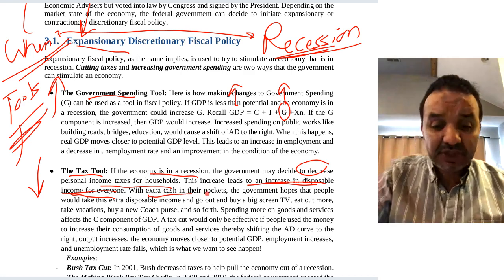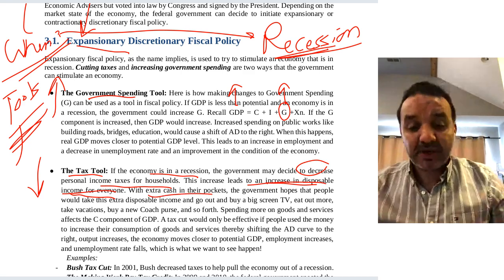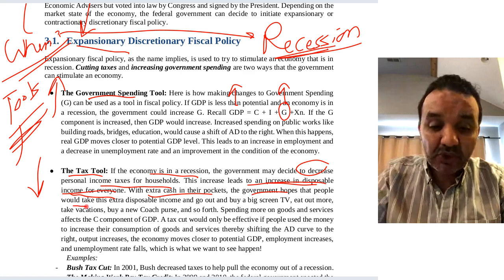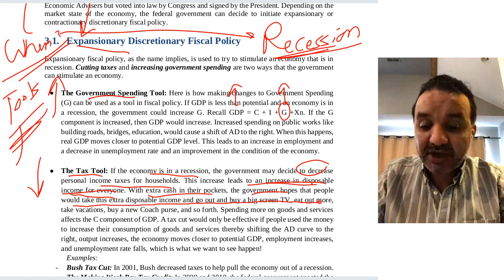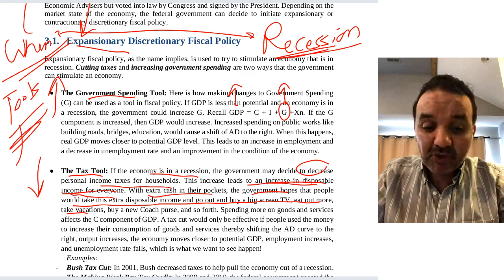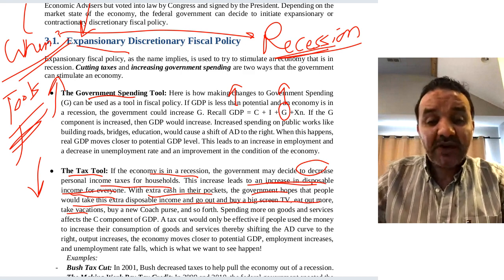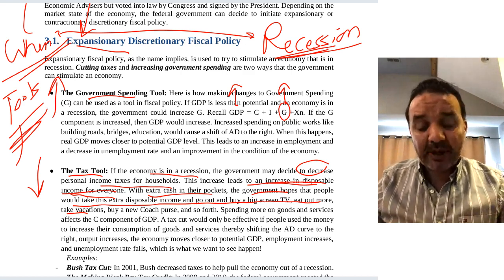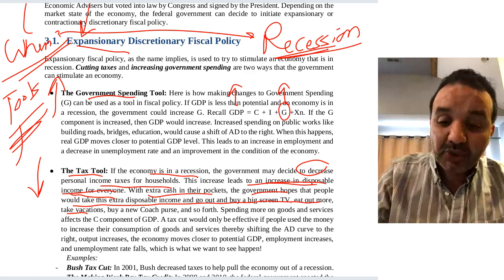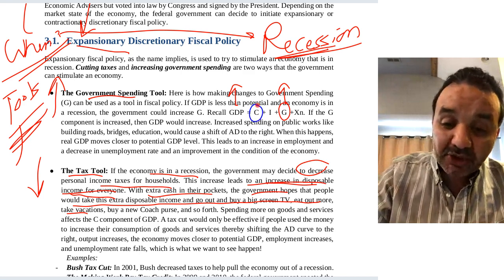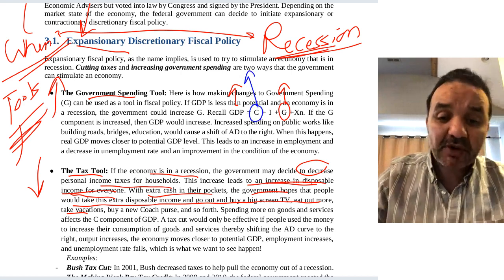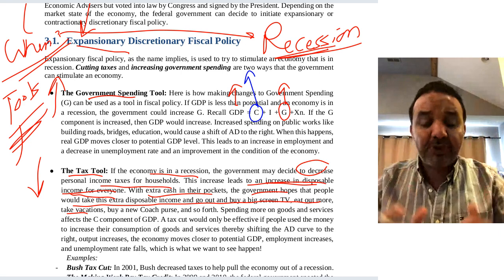With extra cash in my pocket, the government hoped that people would take this extra income and go out to buy a big screen TV, eat out more, take vacations, and so forth. If I have more disposable income, hopefully this will increase consumption. And don't forget, consumption is one of the huge components of the GDP formula.